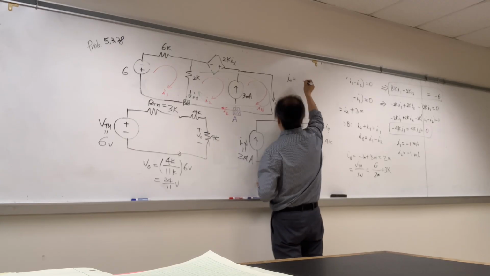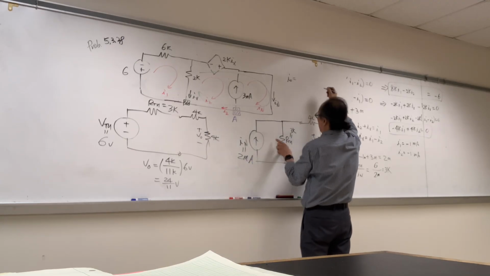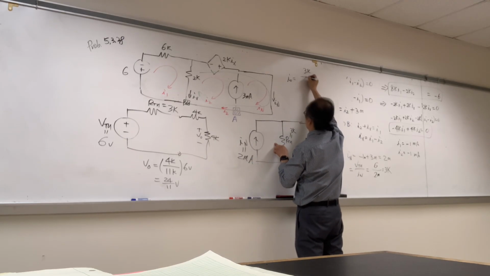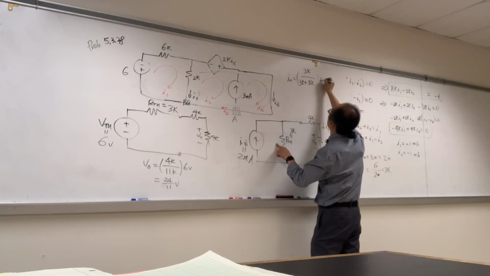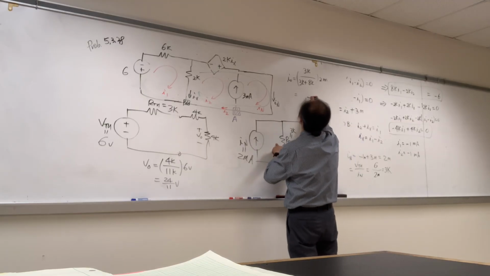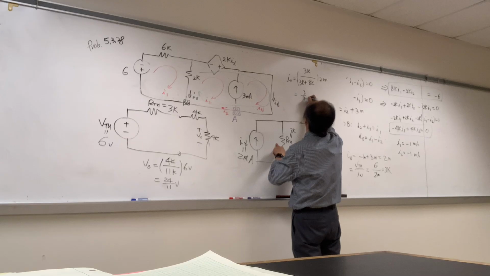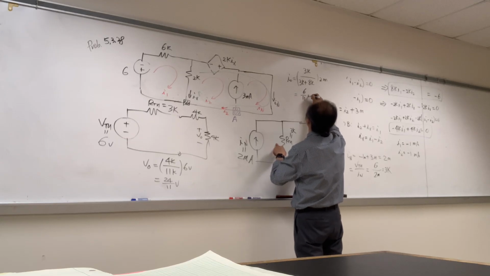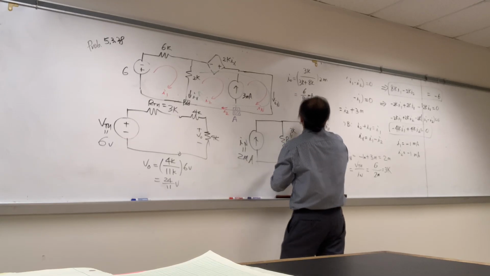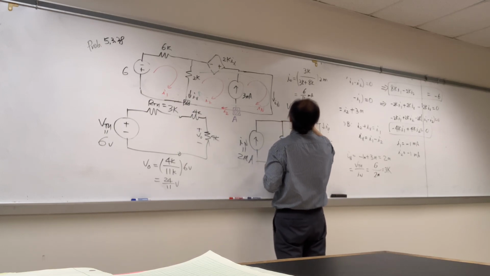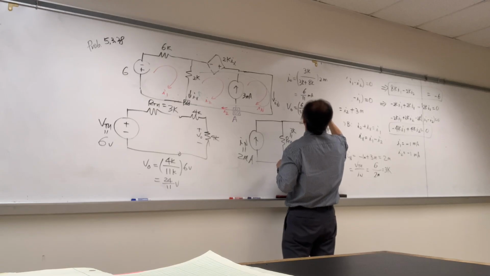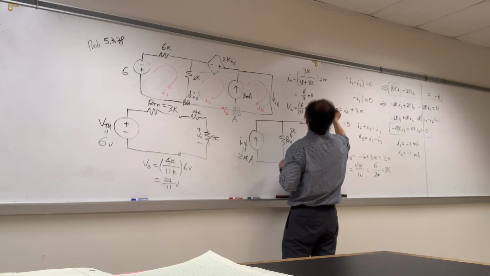I naught equals, by current division, 3K over 3K plus 8K times 2 milli. That is 6 over 11 milliamp. And V naught equals 6 over 11 milli times 4K, 24 over 11 volts.